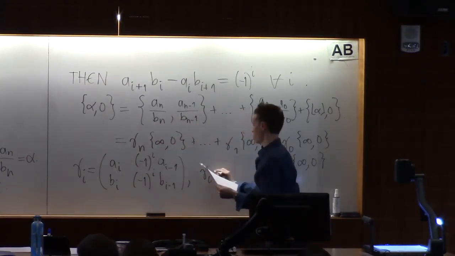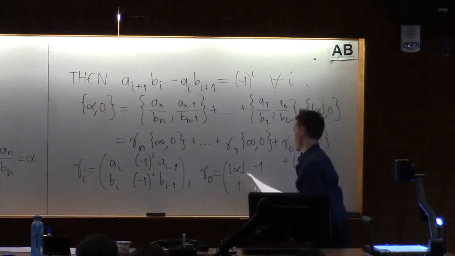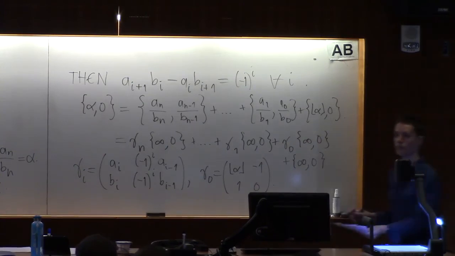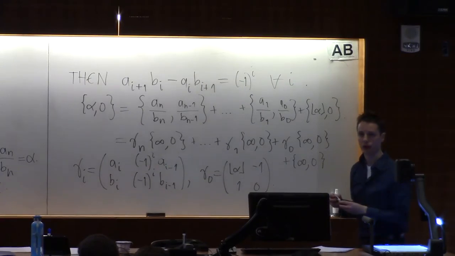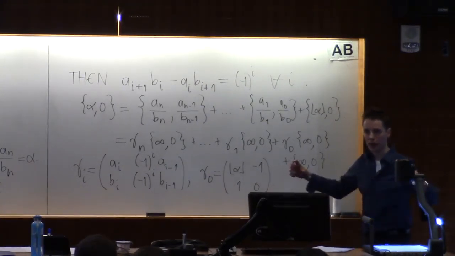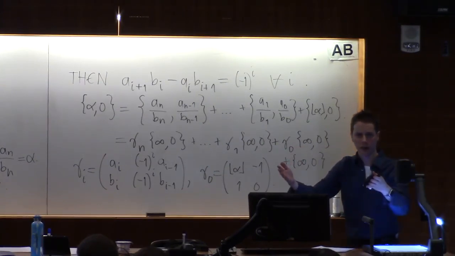And then for this gamma 0, I make a special matrix to deal with the last step. Okay? So is that clear? I just wrote down the explicit matrices so you can see how you deal with the determinant minus 1. But the continued fraction expansion gives you adjacent fractions. Does it look like very simple stuff?